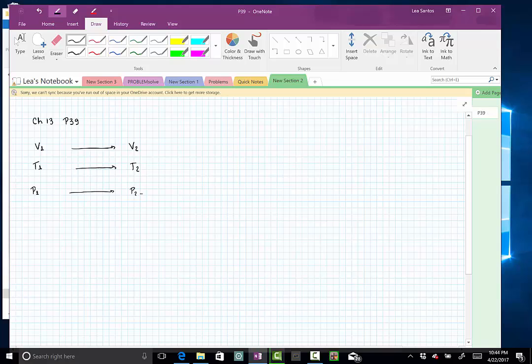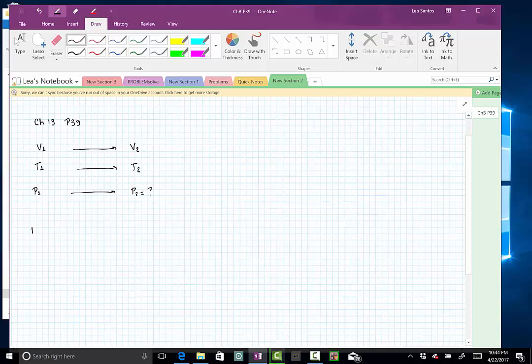Well, the R, the constant, nothing happens to it, and we are assuming here that the number of moles, the amount of this oxygen, does not change. So initially this is an ideal gas, so we have P1 V1 equals nR T1, but I'm going to write it like this.